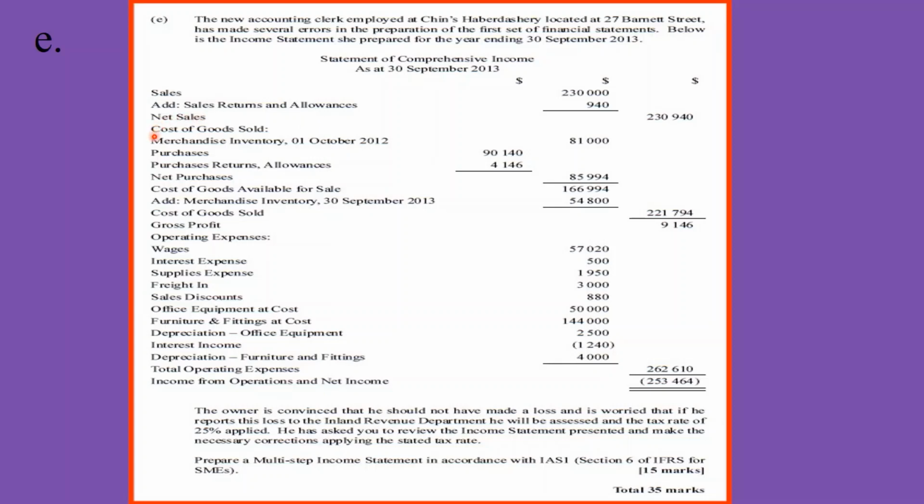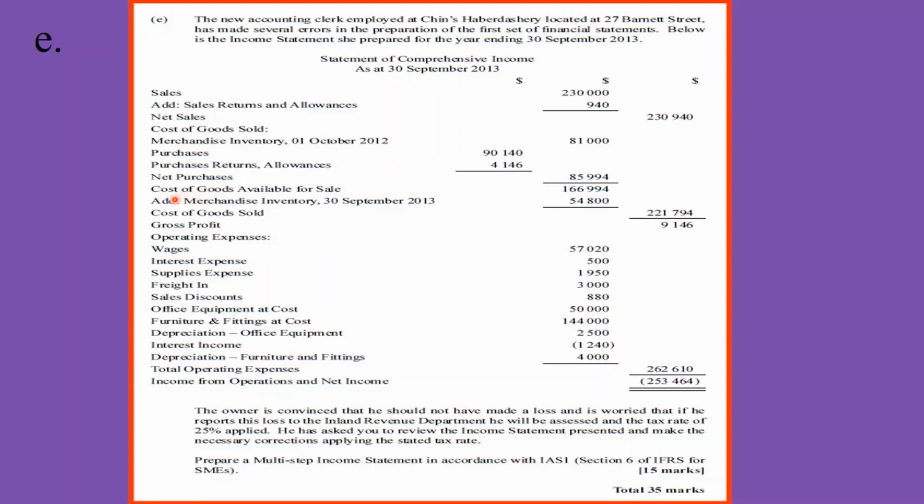Cost of goods sold, merchandise inventory on the 1st October. See, that looks okay. Purchases, that looks okay. Purchases returns and allowances, you have to minus it. Look at these two figures. Yes, they have minused it.